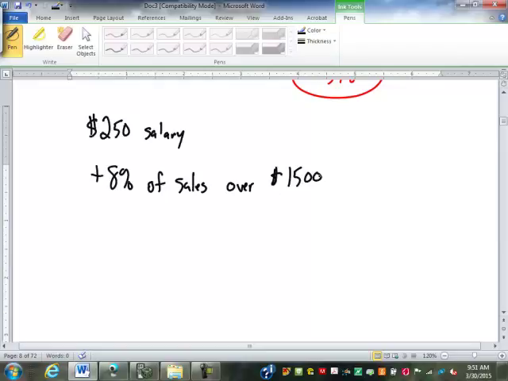So in this case, they're assuming that for that first $250, you should get about $1,500 in sales. Now I realize the percents won't work out there, but still, they're not going to give you anything for that first $1,500 in sales because they already gave you the $250.